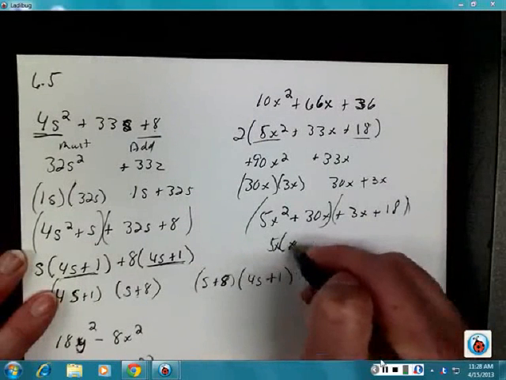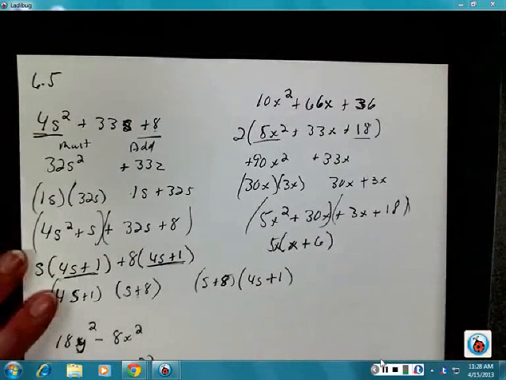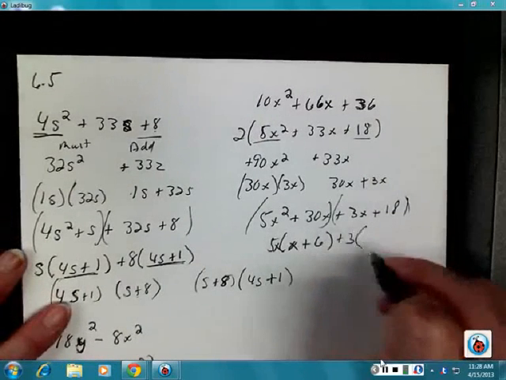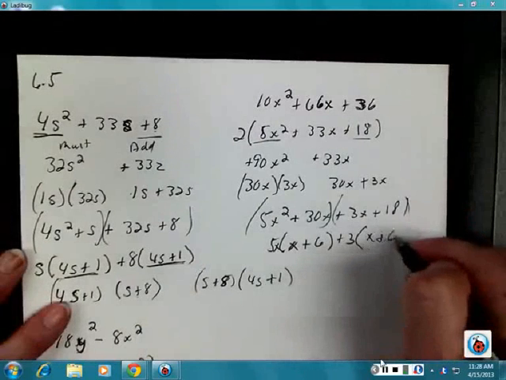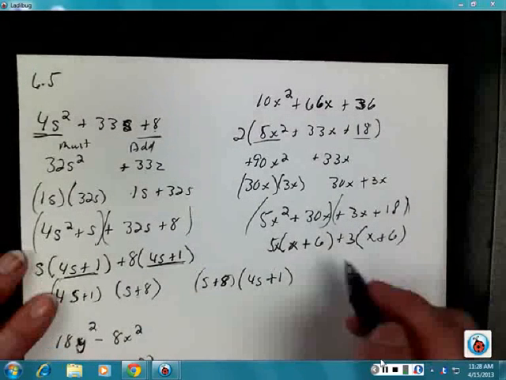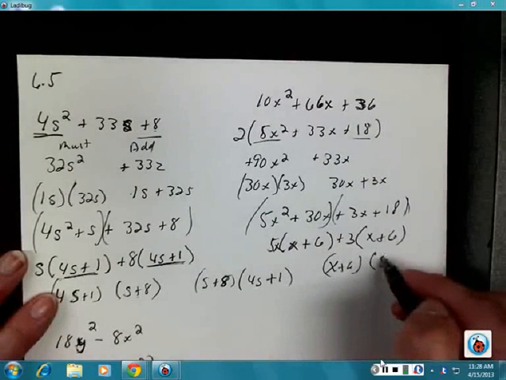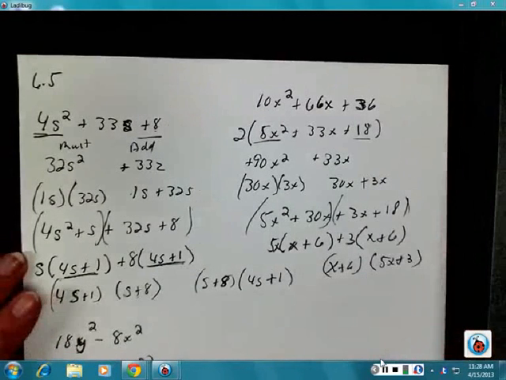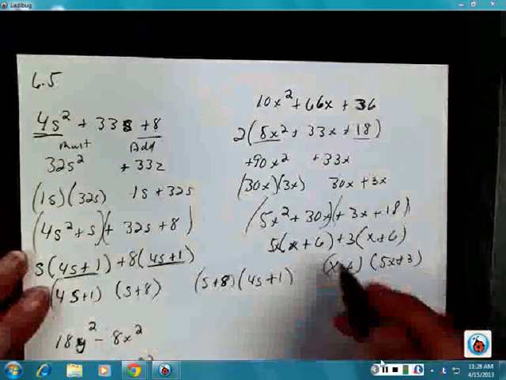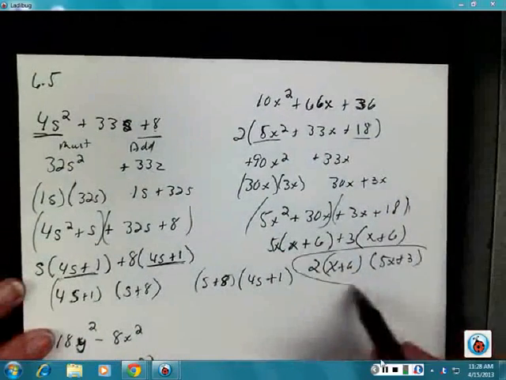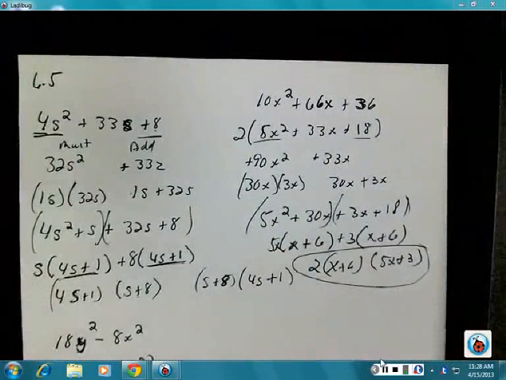An x, so I'll get x plus 6. And what else can I pull out of the second one? So my answer is x plus 6 times 5x plus 3, but don't forget my 2. Bring your 2 down. So this is my answer to that problem.